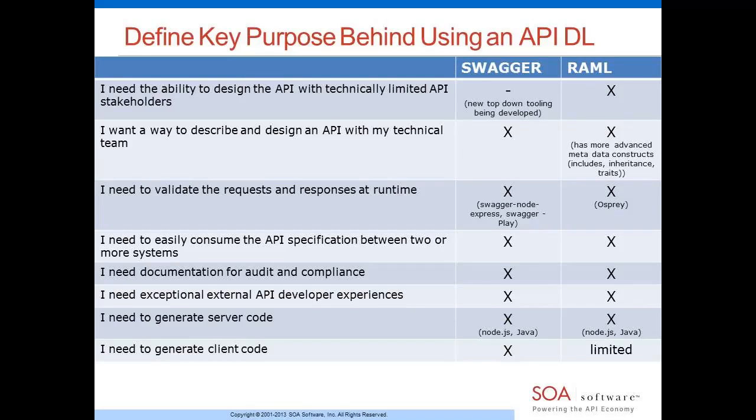The next criteria, okay, well, maybe I need to easily consume my API specification between 2 or more systems. A good example of this is our SOAP UI friends, right? Let's say you've got testing tools with SOAP UI and you want to test your API.